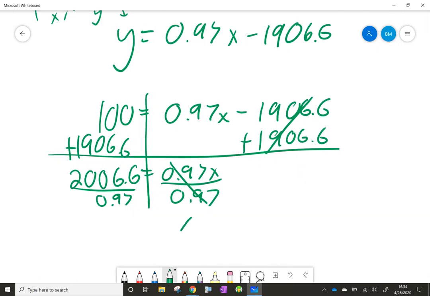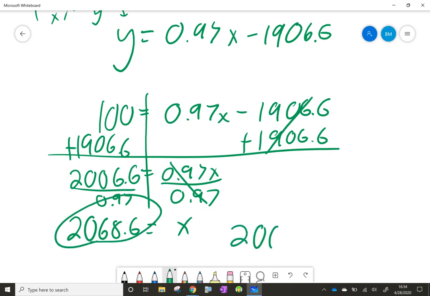And we'll end up with x equaling 2068.6. So that means the year will roughly be the year 2068, or if you round up, the year 2069. So in 2069, there'll be 100,000 runners, which is crazy to think about. That's a lot of people.